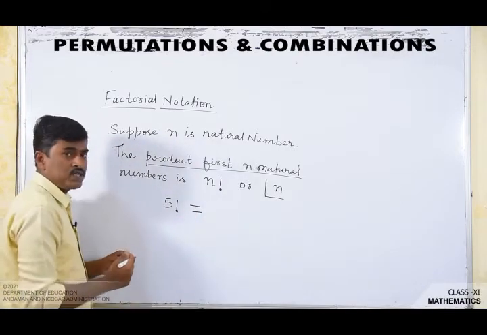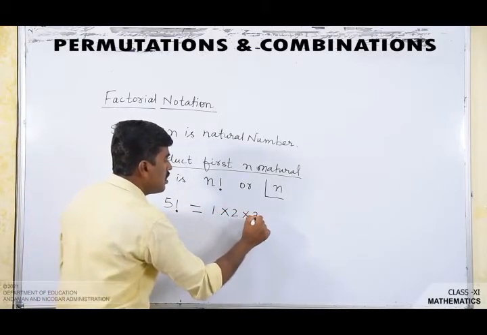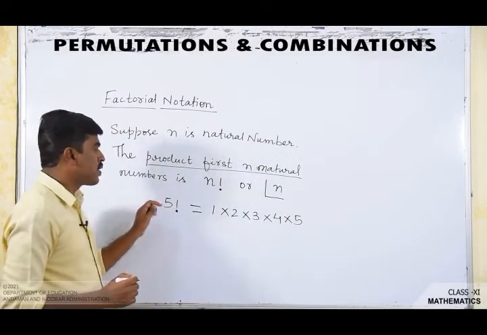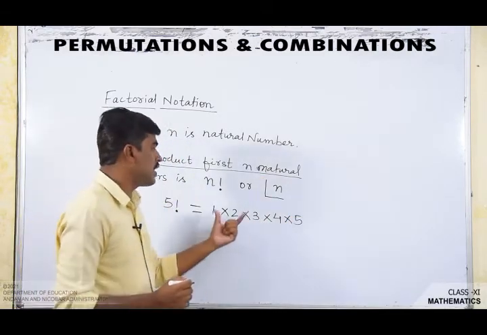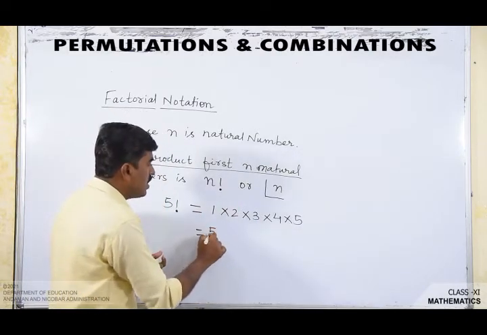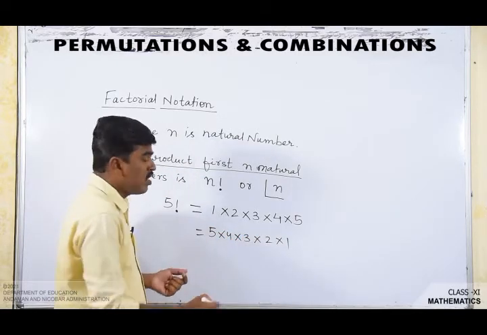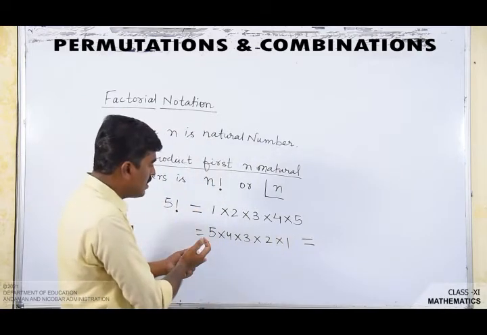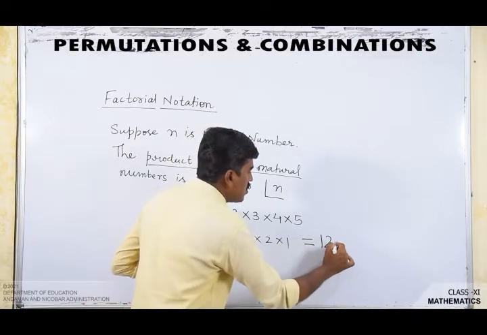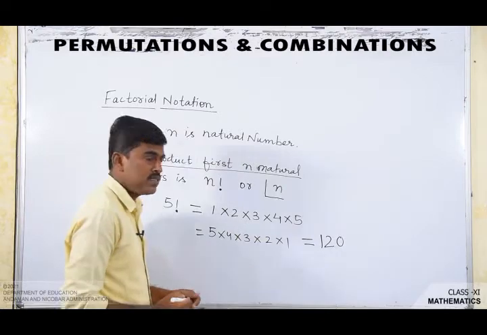So 5 factorial means 1 into 2 into 3 into 4 into 5, or we can also write it in the reverse order, that is 5 into 4 into 3 into 2 into 1. Just multiply it, you will get 20, then 60, then 120. So 5 factorial is equals to 120.